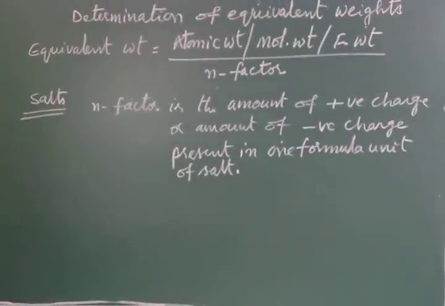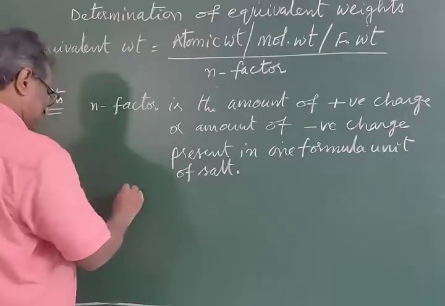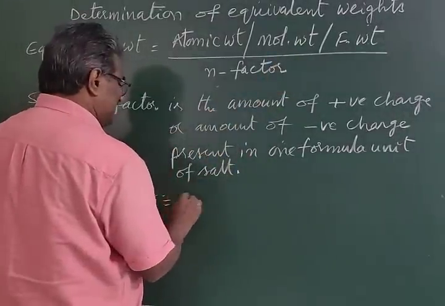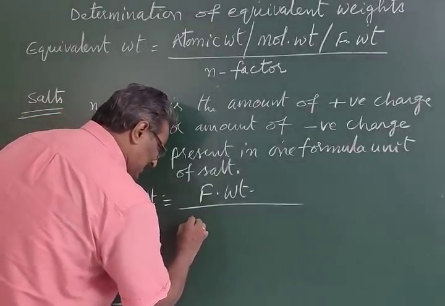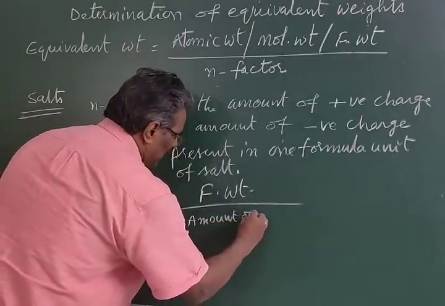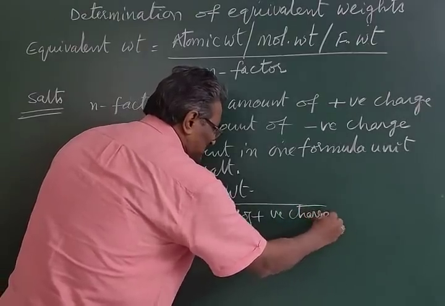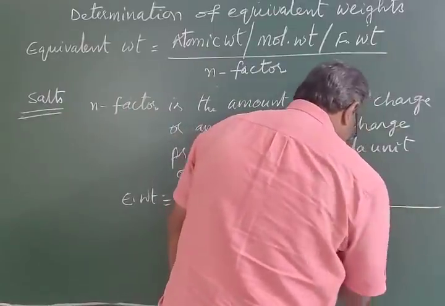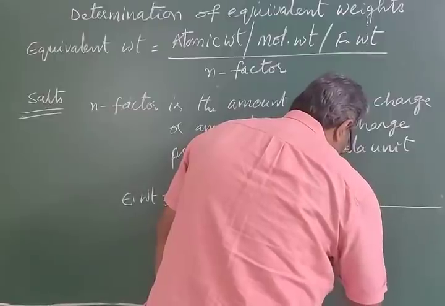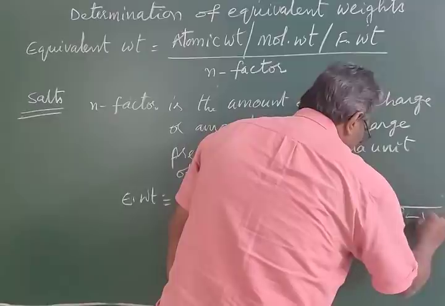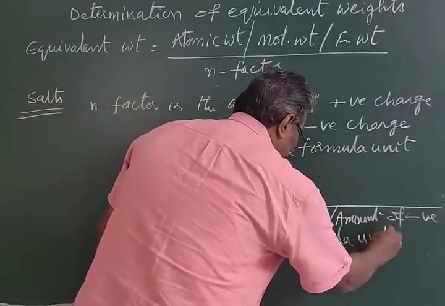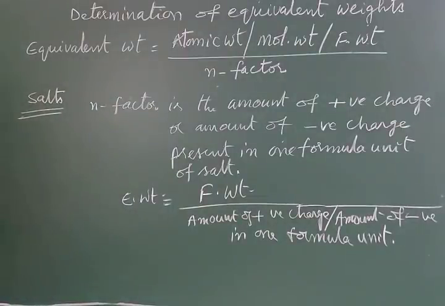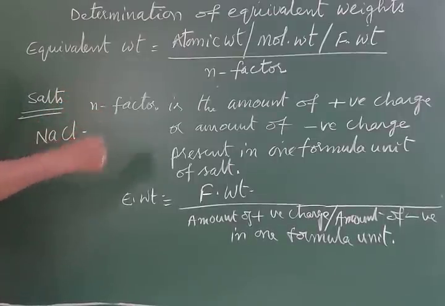Now again the equivalent weight is the same, that is formula weight by N factor, where N factor is the amount of positive charge or amount of negative charge in one formula unit.